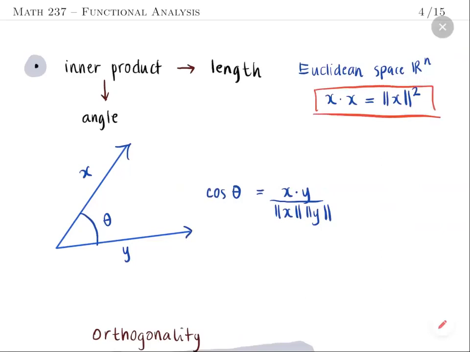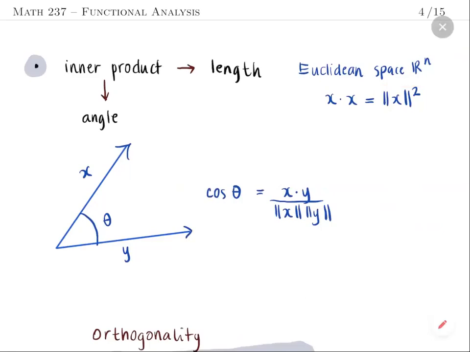So if you have the concept of an inner product, then you have a concept of length or a norm just by simply taking the square root of the inner product of the vector with itself. So the notion of inner products leads to the concept of lengths. On the other hand, inner products also lead to the concept of angles.